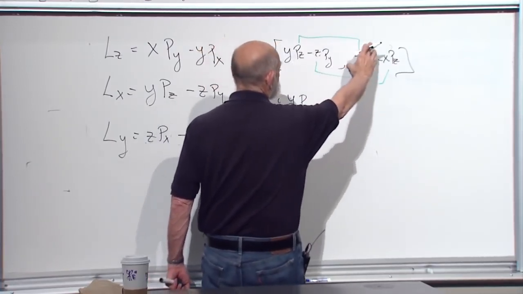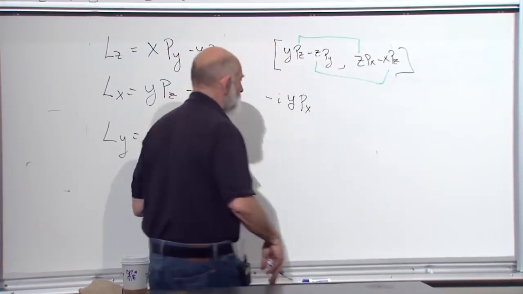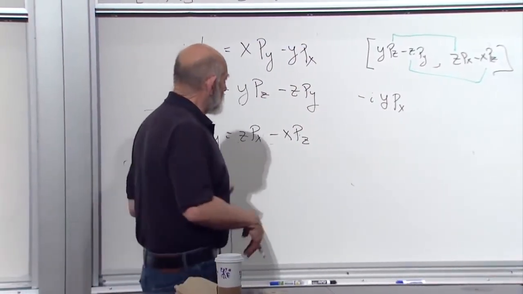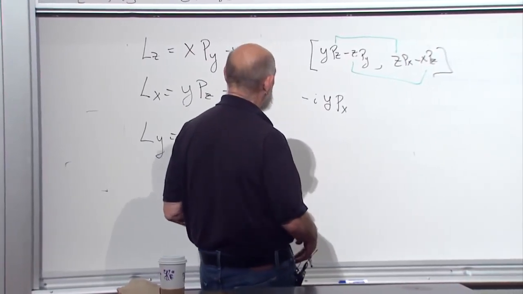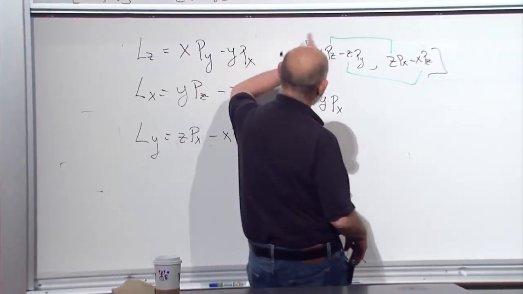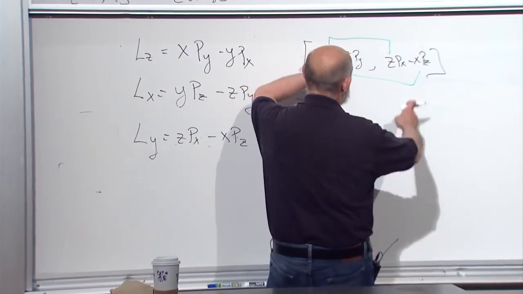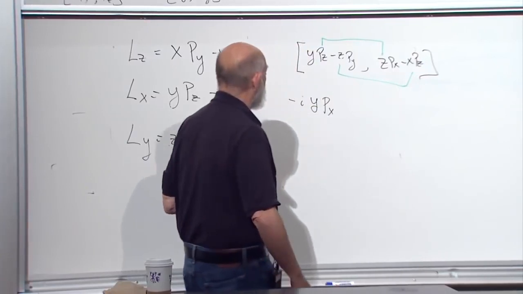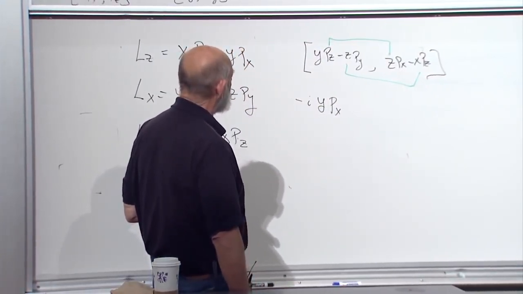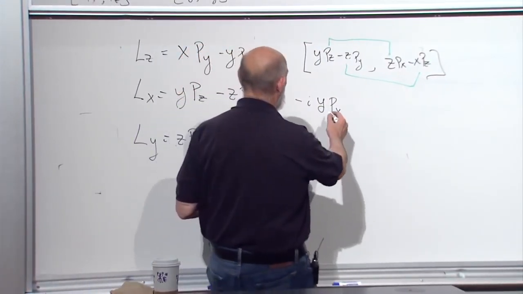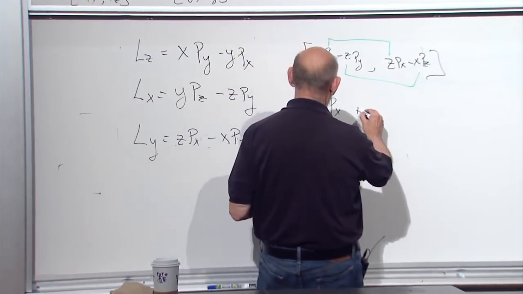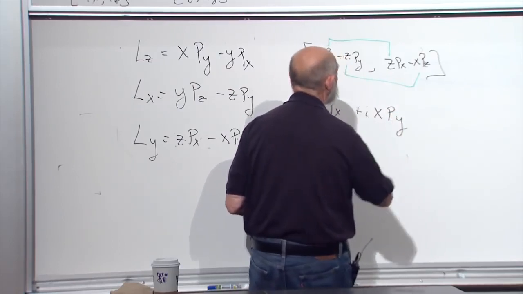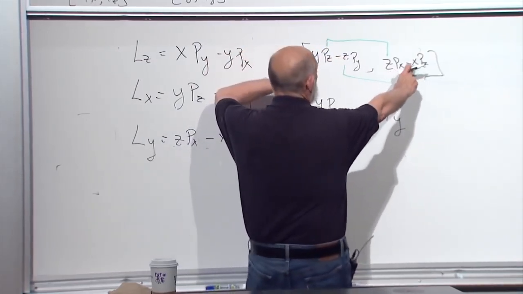From this with this, you get y times px. Does it matter which order you write down y and px? No. Okay, so there's minus i, y times px. And then there's the other one, where the commutator of z with pz is again i, and now we get plus i x py.